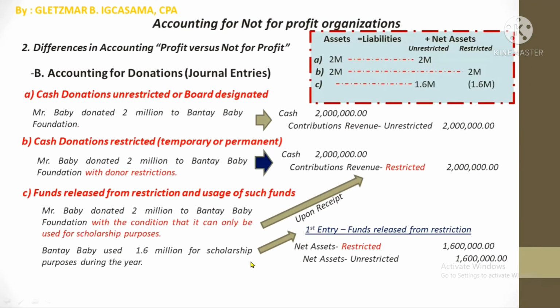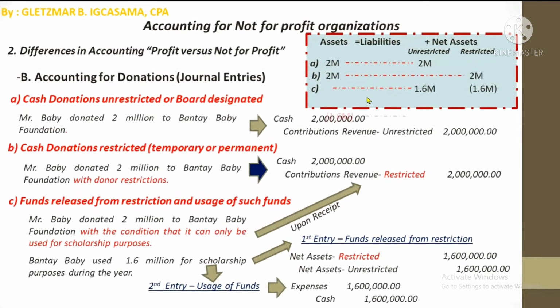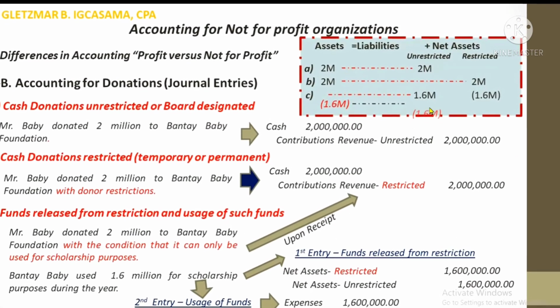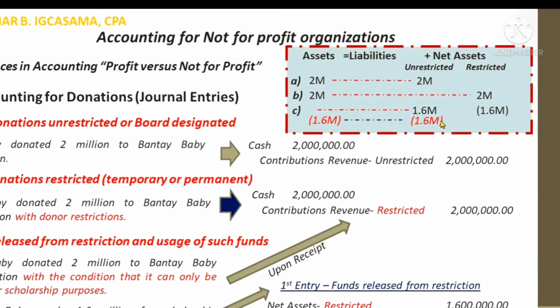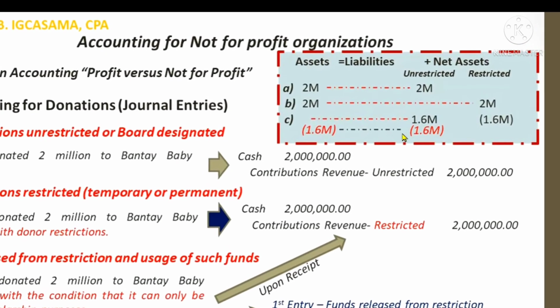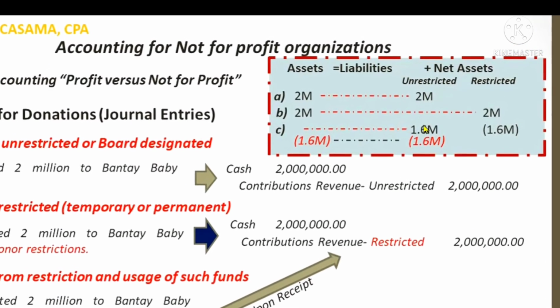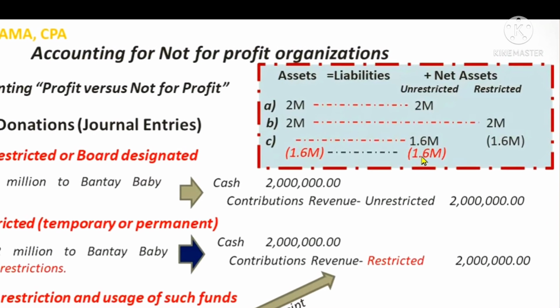Moving on, there is still a second entry, which is directly related to the usage of the freed funds. The entry based on this example is debit expenses, or you can put here scholarship expenses to be specific, 1.6 million. And then credit cash, 1.6 million also. The effect of this is a deduction in assets, of course, and a deduction in the net assets unrestricted for the expenses. It is because, as I have told you in the past episodes, expenses can only be deducted from the unrestricted fund. I hope you still remember.